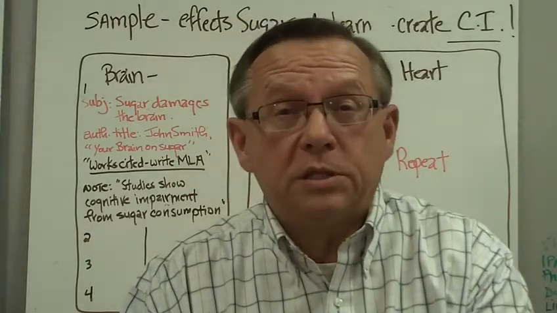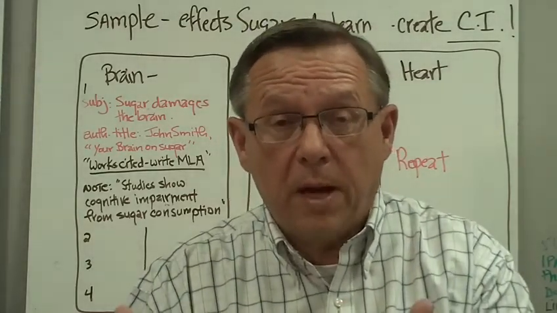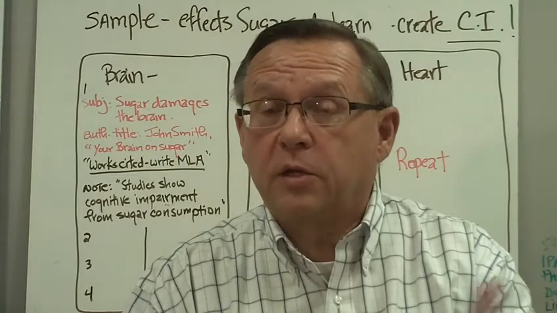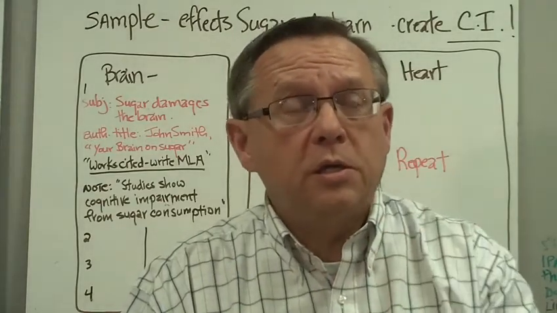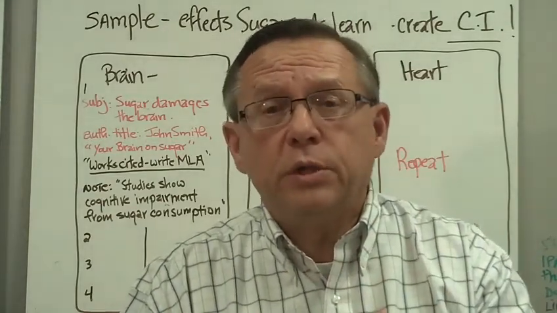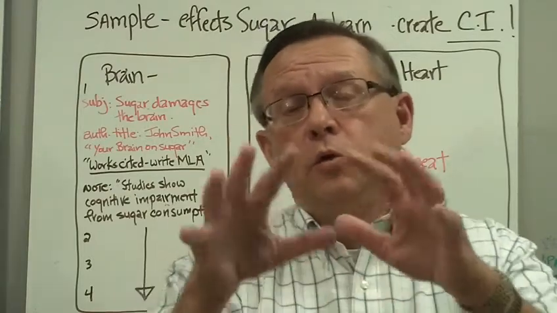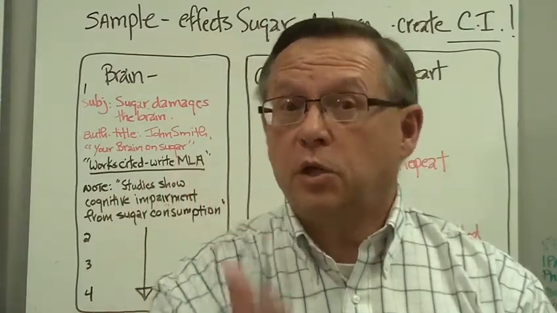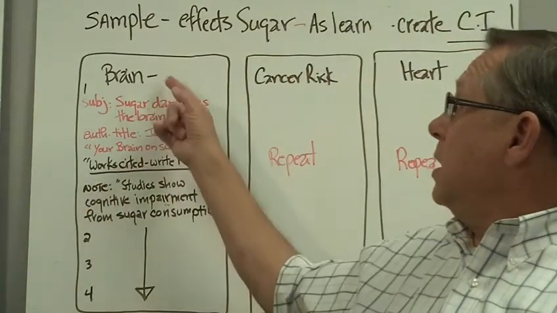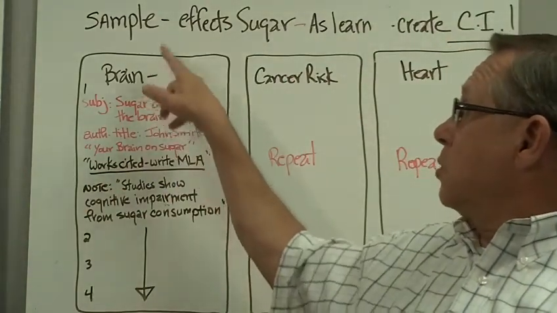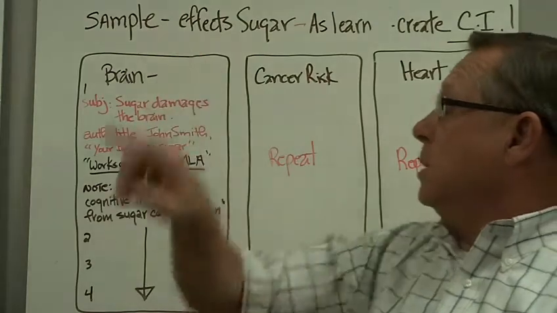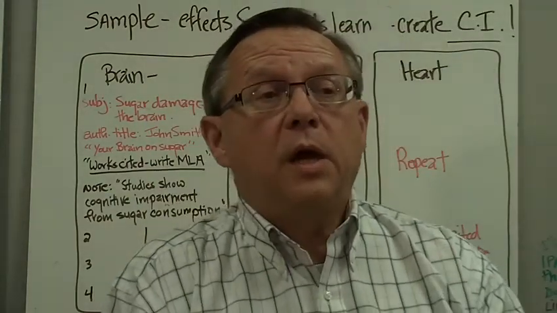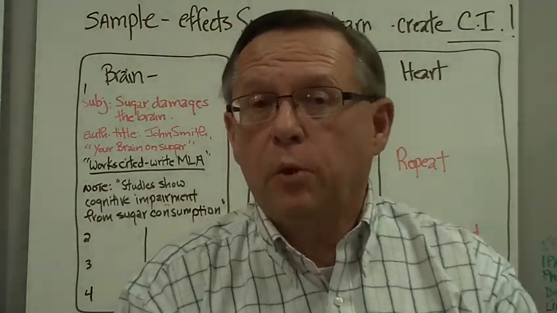You're looking for statistics about sugar and how it affects the brain. So statistics, examples and stories, testimony. You get 2 or 3 good, strong pieces of evidence that support that it has a deleterious or a harmful effect on the brain, then you have a good, well-supported main point.